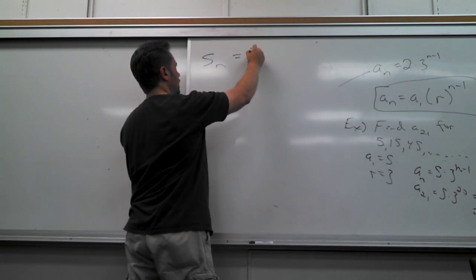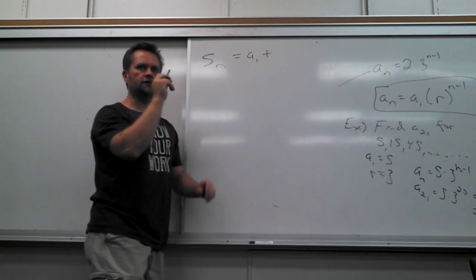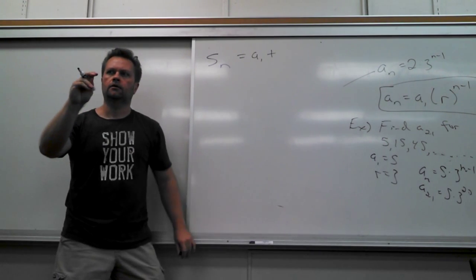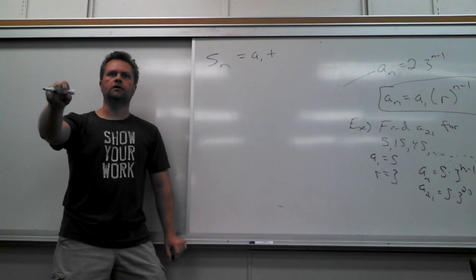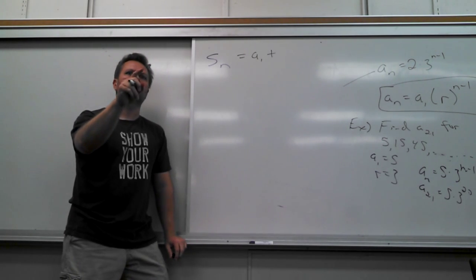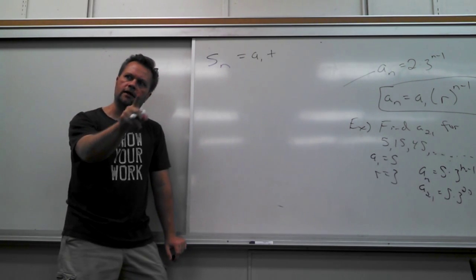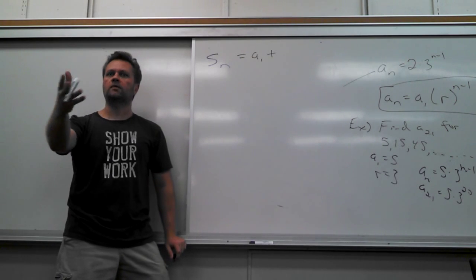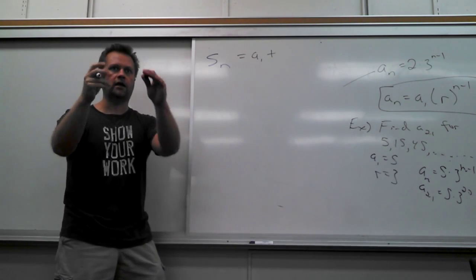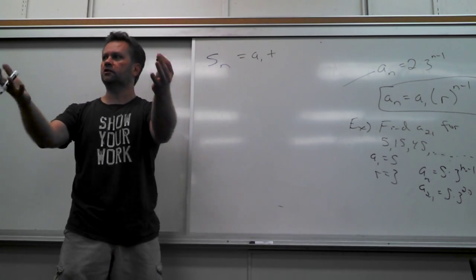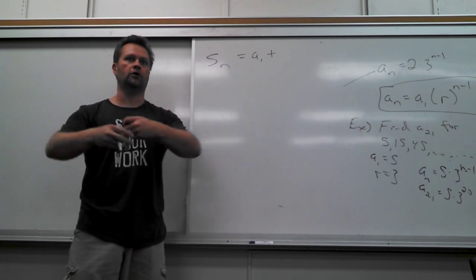So this would be A1 plus, now let me see if you guys are with me on this. The basic idea of a geometric sequence: how do you get to the next term? Whatever term you start at, you multiply by r. The first term is A1, there's no question. That's the definition of A1, it's the first term, whatever it is.